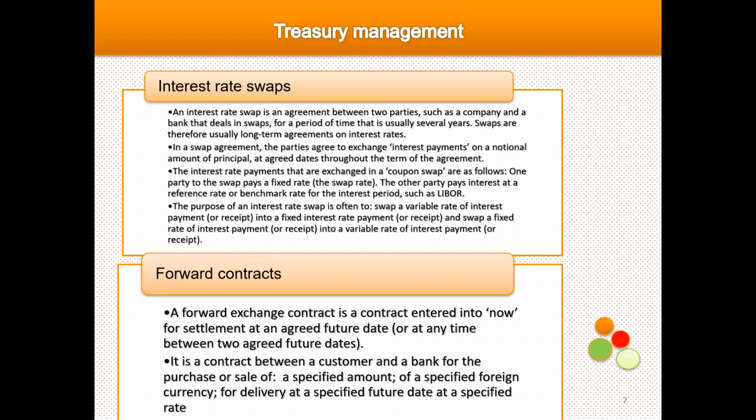Okay, so I'll read what's on the slide and I'll explain in simple terms. And I'm sure when I explain, you definitely get it. It can be confused, but it shouldn't be confusing for you at all. So an interest rate swap is an agreement between two parties, such as a company and a bank, where these parties agree to exchange interest payments at an agreed date.